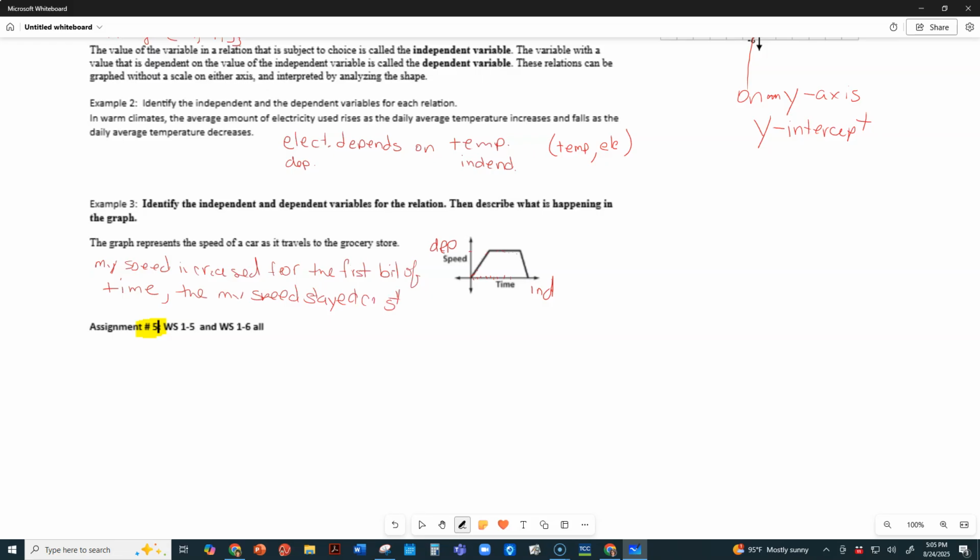C-O-N-S-T-A-N-T. My speed stayed constant for a bit of time. I don't know if this time is in minutes or seconds, so that's why I'm having to say just a bit of time. And then I stopped. Then I stopped quickly.